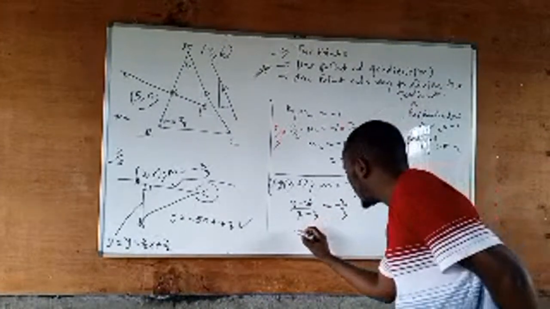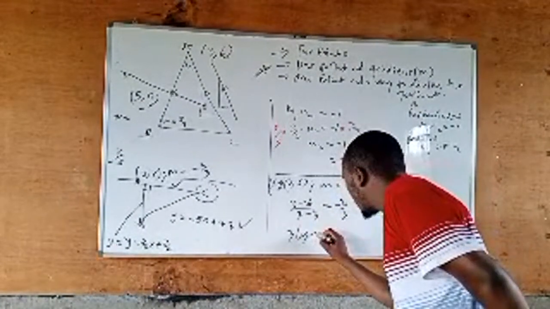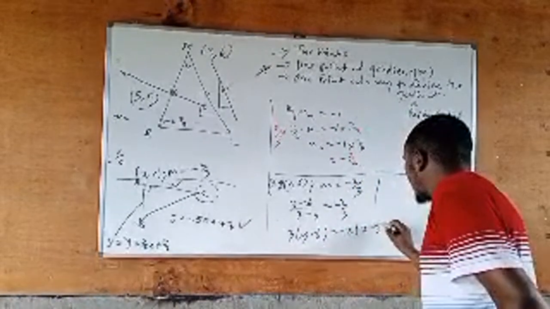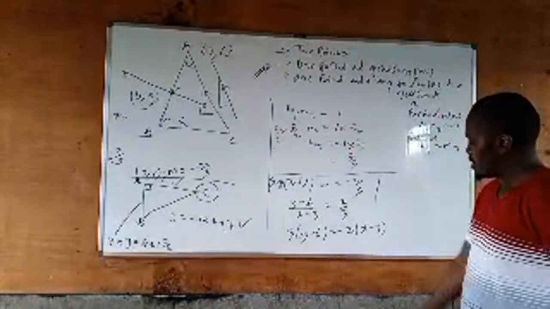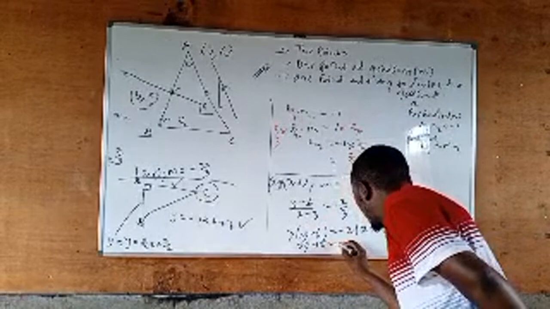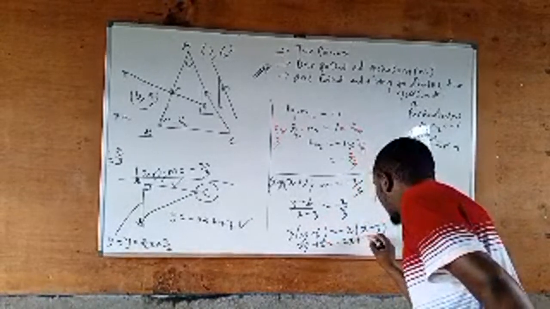Cross multiply, you have 3, y minus 6 is equals to -2, x minus 3. Okay? So this is 3y minus 18 equals to negative 2x plus 6.